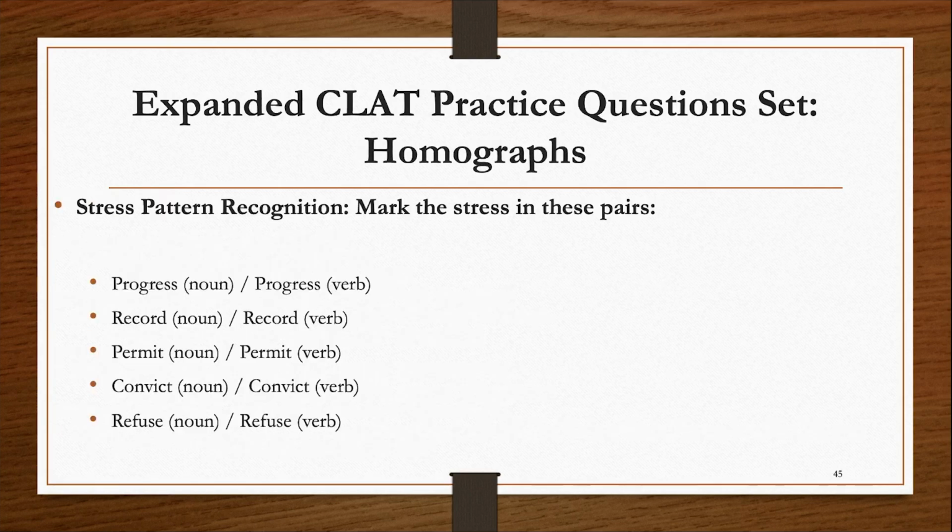Now here for homographs, this is stress pattern recognition. Mark the stress in these pairs. So you read it by yourself and see in which part you would put the stress before I read them out. PROGRESS, RECORD, PERMIT, CONVICT, and REFUSE.